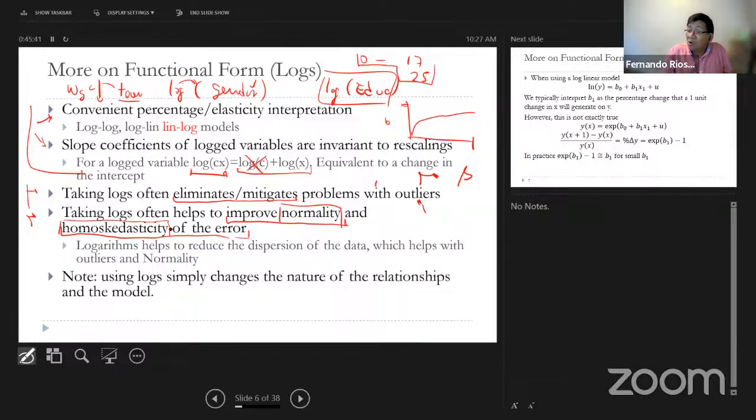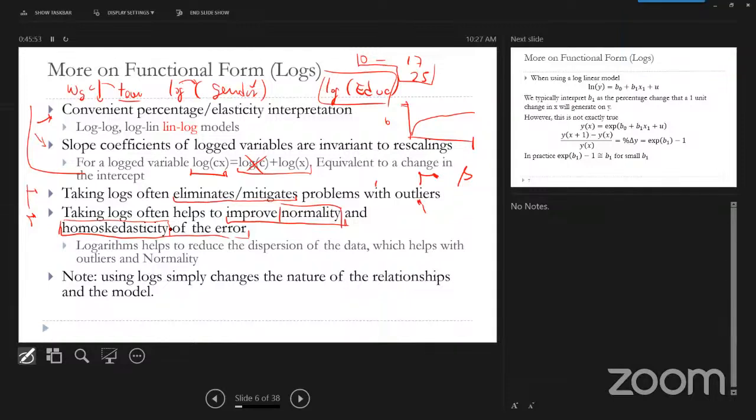Anyone? Why do we care about normality of the errors? For small samples, it was like the assumption that we have to have normal distribution, that for large samples it doesn't matter. Exactly.